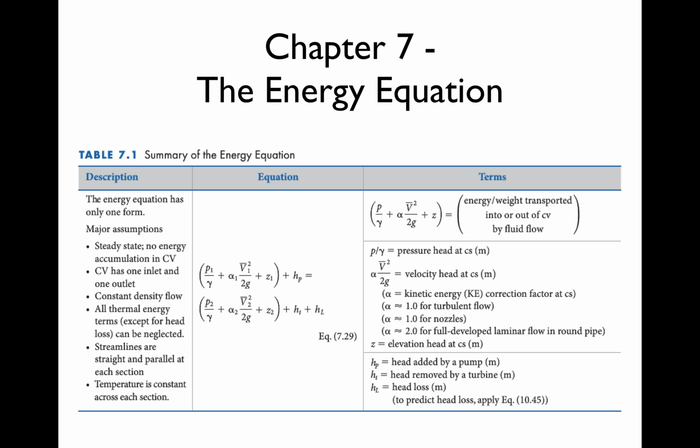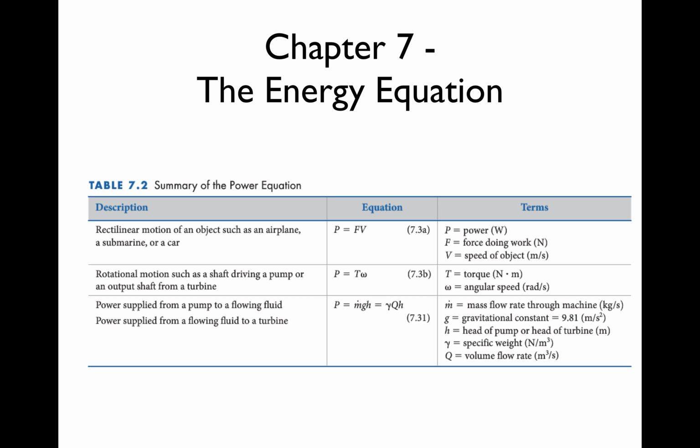So we've got a nifty equation where we're able to include pumps, turbines, and the head loss now. Note that this equation is in units of length, which could be feet or meters or any unit of length, but it's not in pressure. This is the head equation, which is in units of length.